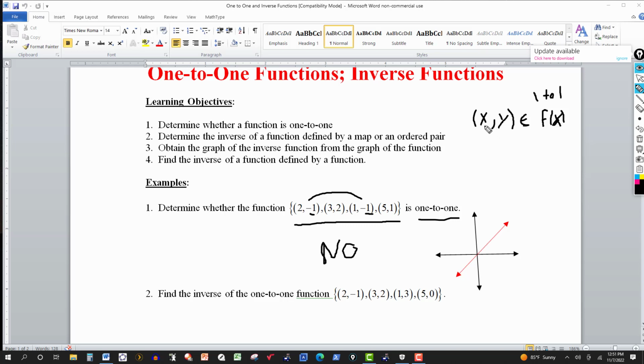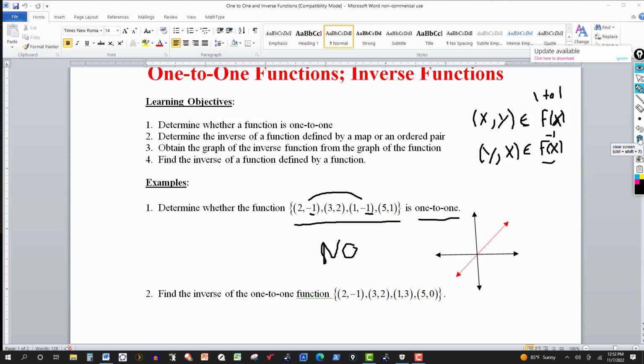If you have an ordered pair (x, y) belonging to this, then if you reverse this ordered pair and make it (y, x), that ordered pair will belong to the inverse. We denote the inverse of the one-to-one function f by putting a negative 1 here, and that's not an exponent. That represents f inverse. If I reverse the ordered pairs, I get the inverse. So that's all you have to know.